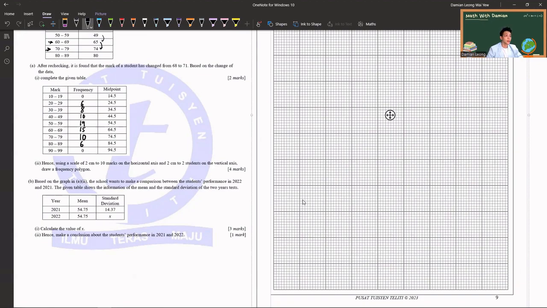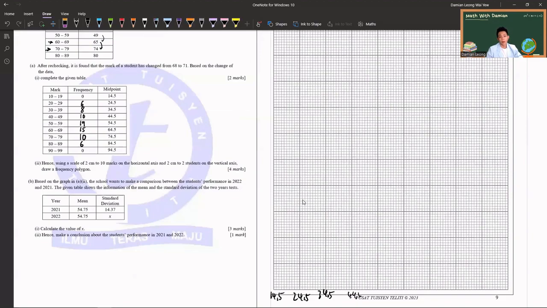So let's see. I have 1, 2, 3, 4, 5, 6, 7, 8, 9. Probably start from the first one is best. So 14.5, 24.5, 34.5, 44.5.